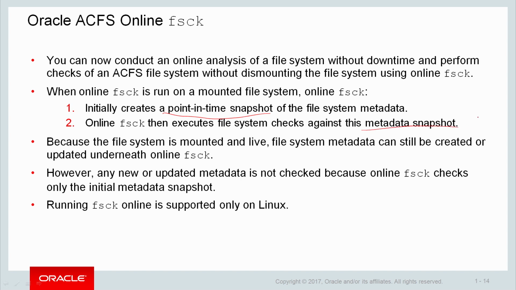Because the file system is mounted and live, file system metadata can still be created or updated underneath the online FSCK. However, this new or updated metadata is not checked. We're actually checking the snapshot, because the online FSCK checks only the initial metadata snapshot. FSCK online is supported only on Linux.